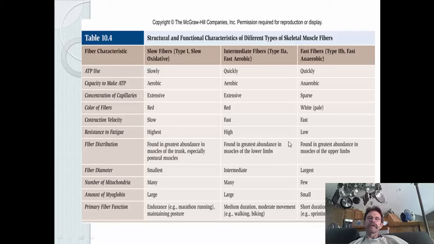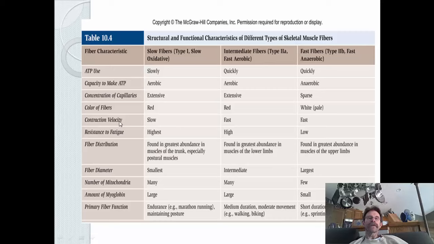And it's going to vary from individual to individual what their fiber types are. It's known to be genetic by nature, and now we're finding that perhaps this intermediate fiber can take on characteristics based on what's needed. It can take on the characteristics of a slow fiber, or maybe of a fast fiber as well.